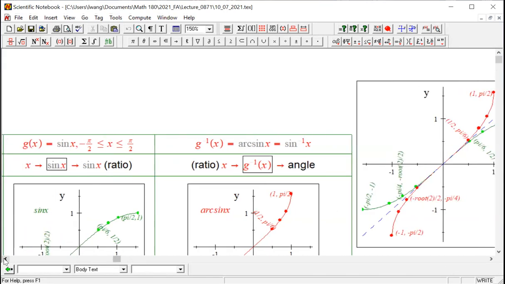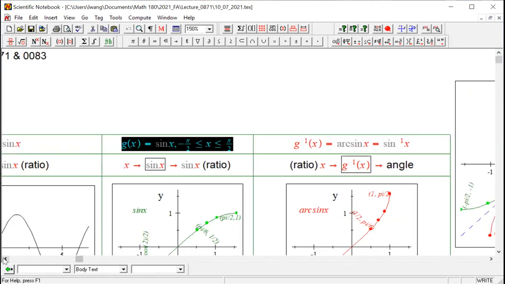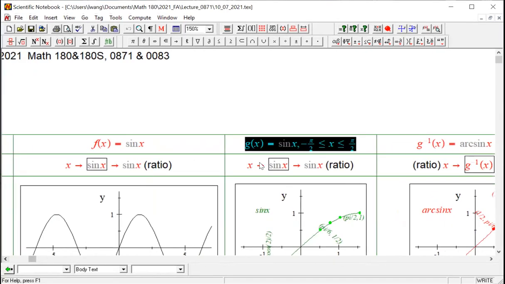And next, what we want you to understand is that G, just like sine, has angles as input. The inputs are angles, in radian or in degree, it doesn't matter.